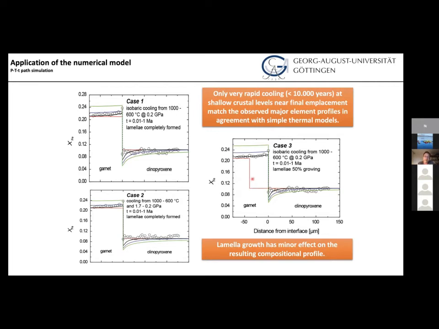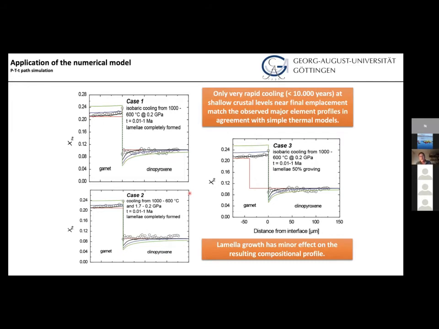We have shown this for fast-growing crystals back in 2009, that we can really have an effect on the recorded diffusion profiles. In this case, it doesn't do a lot to the story. It changes the story a little bit. It matches the garnet profile a little bit better. And once again, for the clinopyroxene, this is all within the uncertainty.